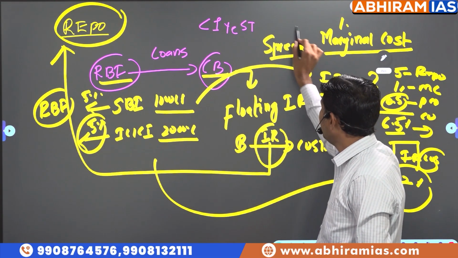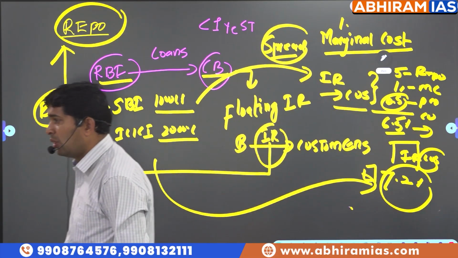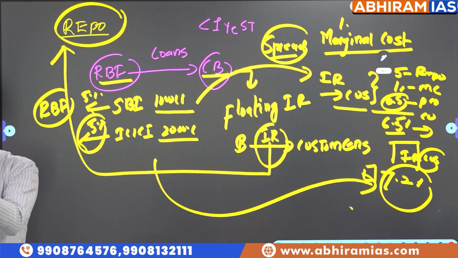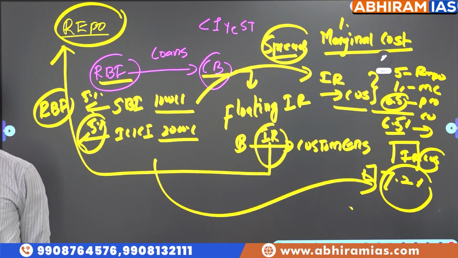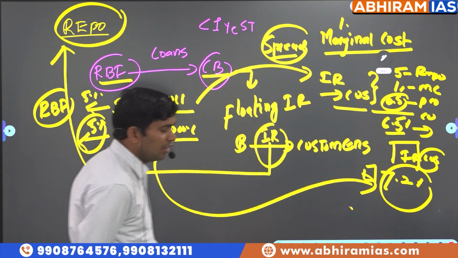Let me repeat, very easy only. So repo rate is the rate at which RBI provides loans to commercial banks. And each commercial bank will provide its own interest rate to the customers. And while giving loans, the commercial banks are saying we'll follow a floating rate of interest. So what is the meaning of floating rate of interest?